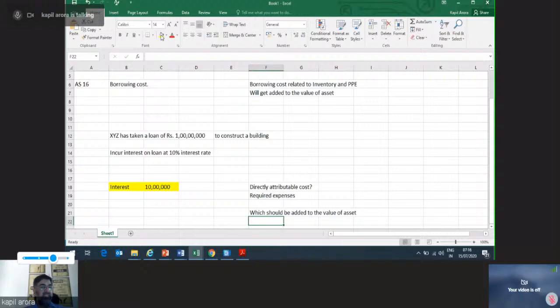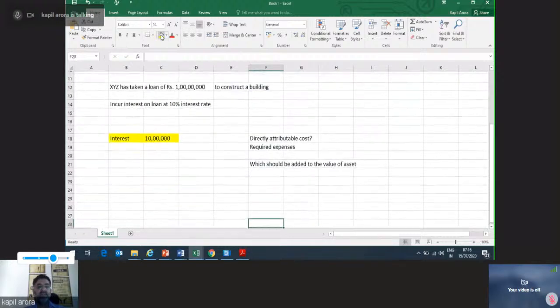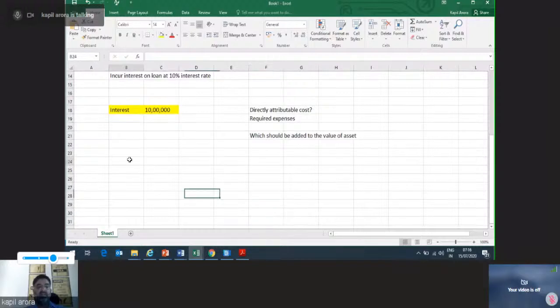This 10 lakh, instead of going to the profit and loss account, will be added to the property, plant and equipment value. Can it be done? For that, I would say yes. It can be done. It can be treated as directly attributable expenses and will be added in the value of the asset.